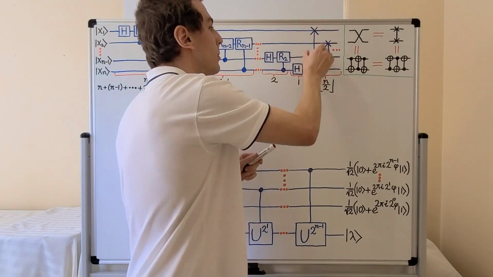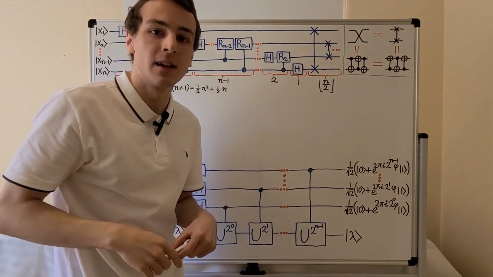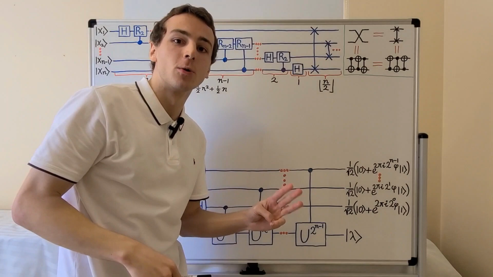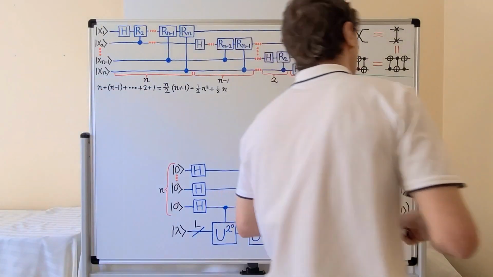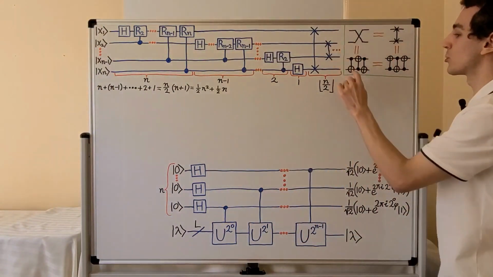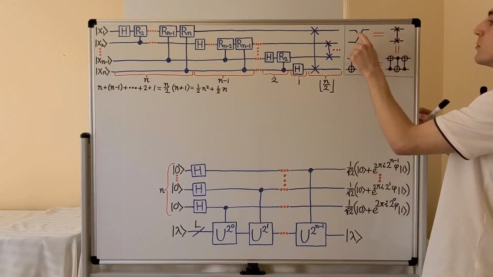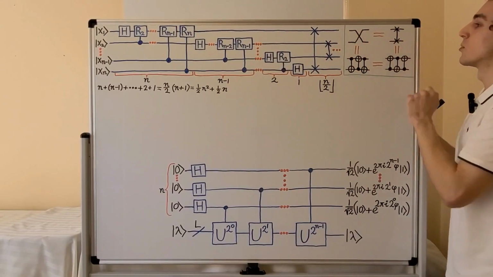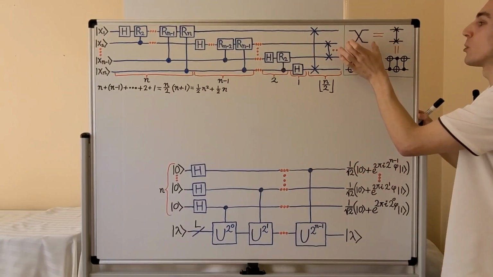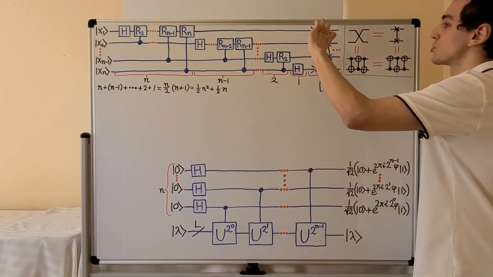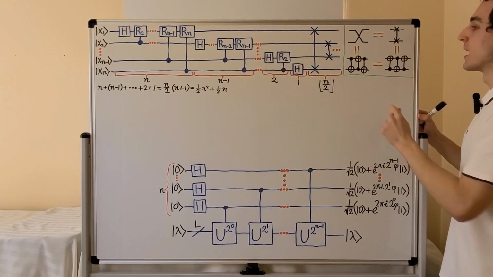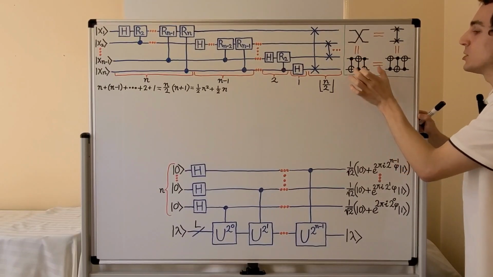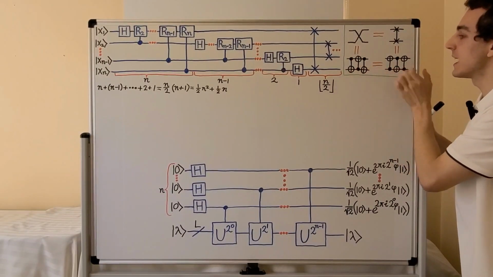Because each of these swap gates can actually be implemented using 3 controlled NOT gates. So have a look at this diagram in this green box. These two symbols are different symbols for the swap gate. So they both represent this operation of swapping the states of 2 qubits. And we can implement these using these identities. So these are circuit identities.